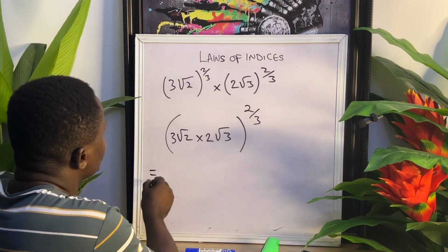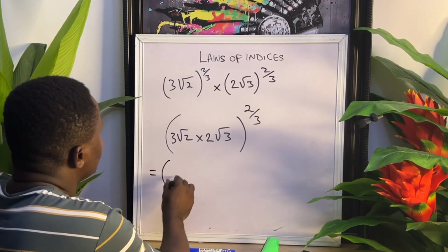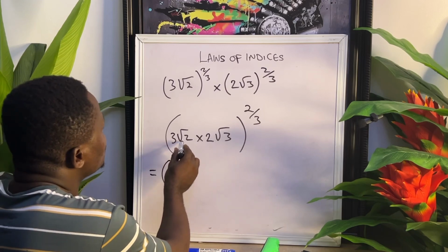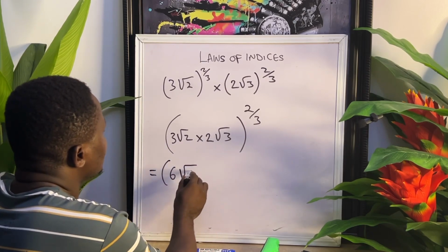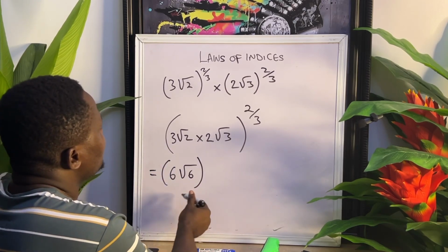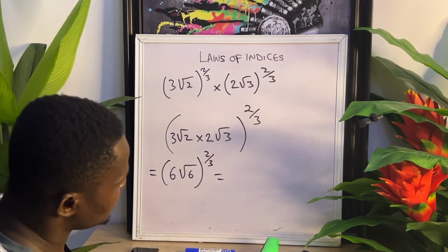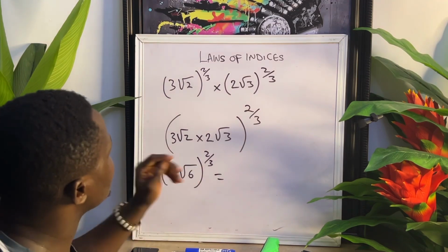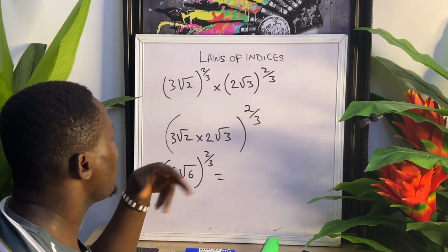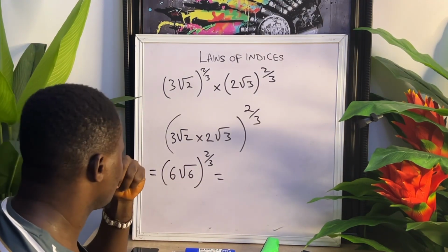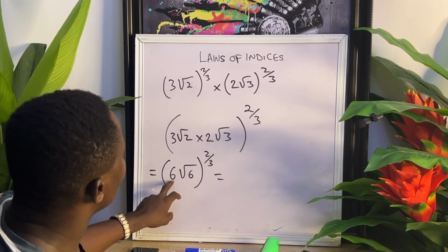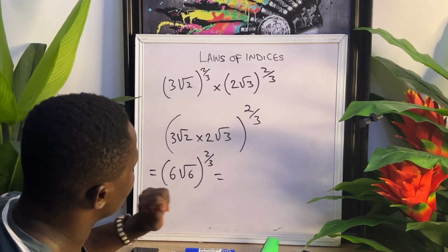And this gives 3 times 2 is 6. Root 2 times root 3 is root 6. And everything will now be raised to power 2 over 3. But then, 6 root 6, how can we re-express this? How can we take this 6 inside the roots?